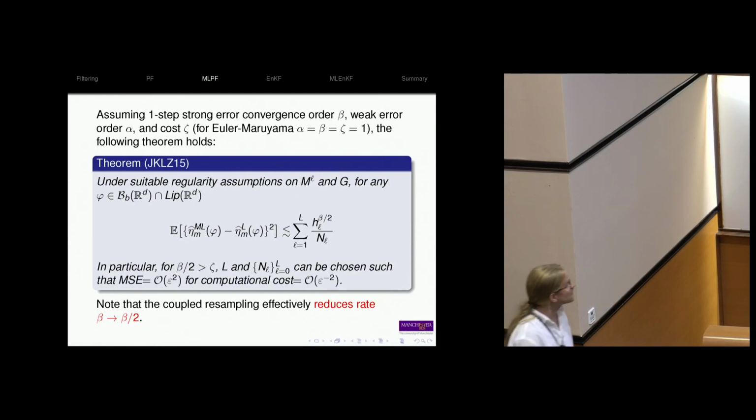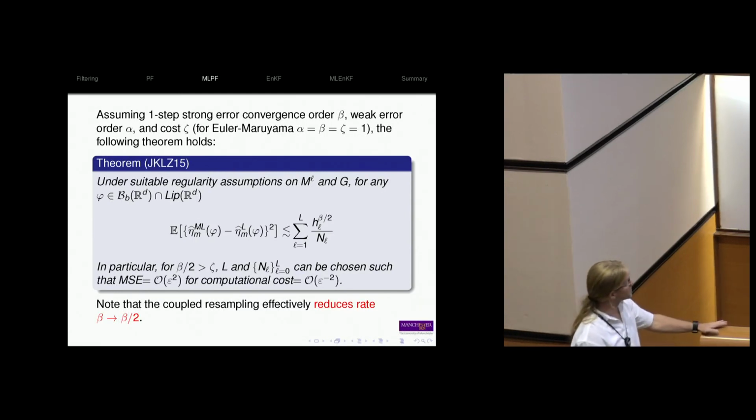But note that this is different than for the forward problem. Even if we have beta equal to 2, like the Milstein method, typically zeta would be 1, and we're not going to be in this optimal or canonical regime. So we're in a slightly worse situation there.